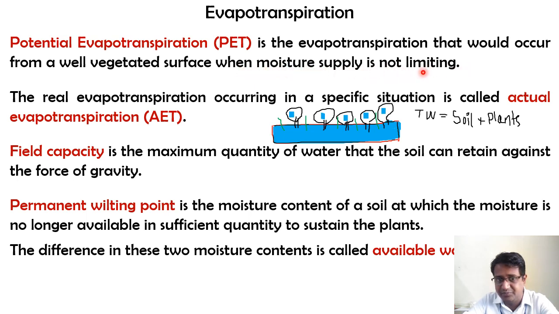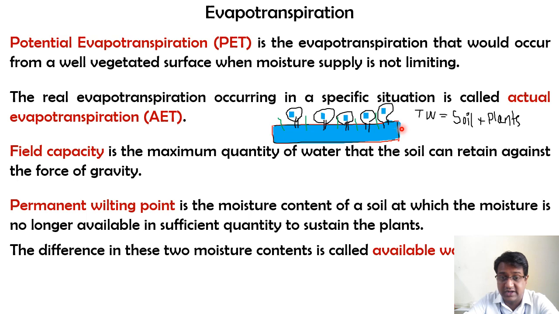What "moisture supply is not limited" indicates is that you have a sufficient quantity of water. How do you measure that? If the soil is completely saturated, then you call it that.